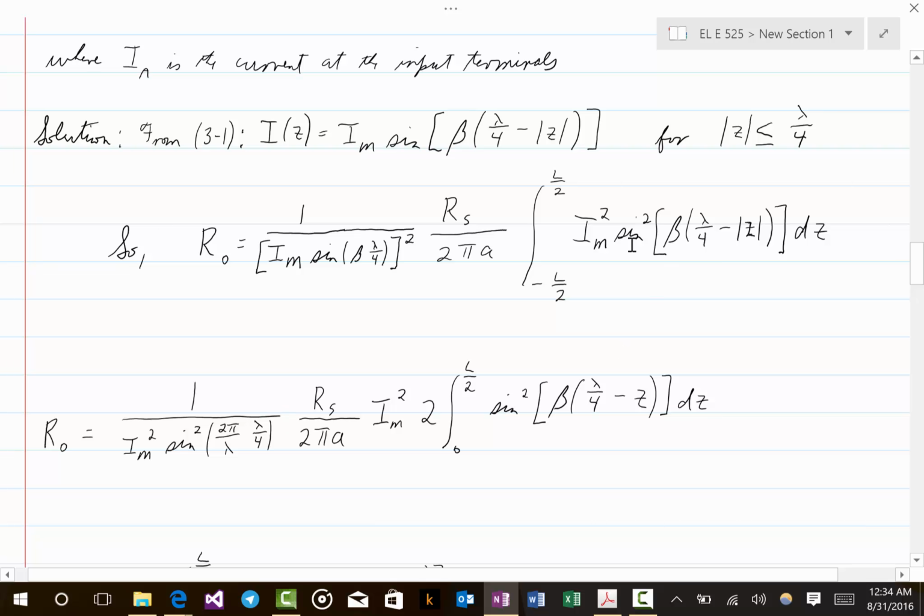Since we now have this function over the range from 0 to L over 2 instead of the range from minus L over 2 to L over 2, we're only considering positive values of z here. And that being the case, we can make the further simplification that over that range, absolute value of z is simply equal to z itself.